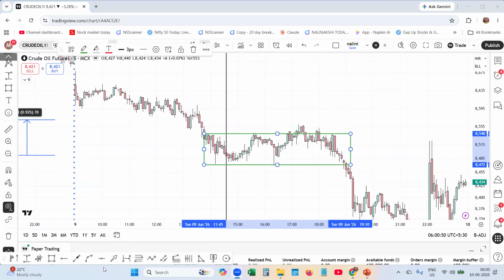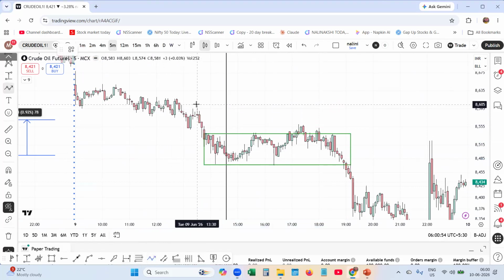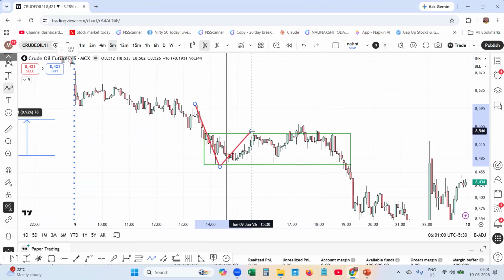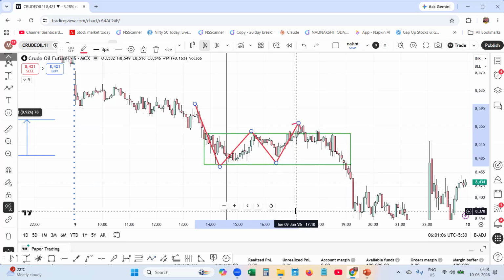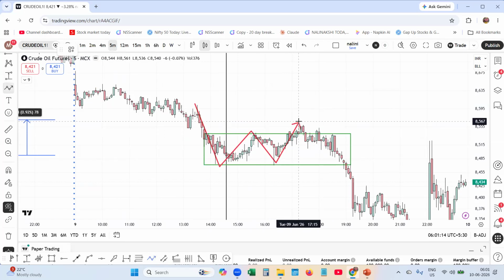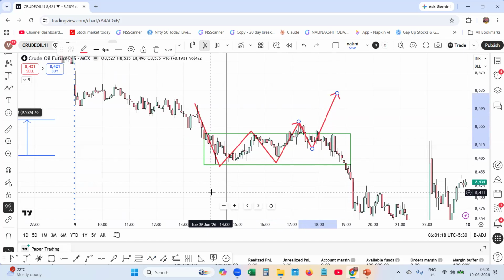If you're not having any indicator and price is making a higher low and higher high, many times the market comes down and reverses.